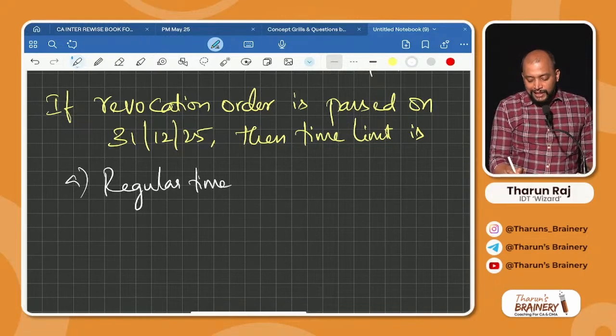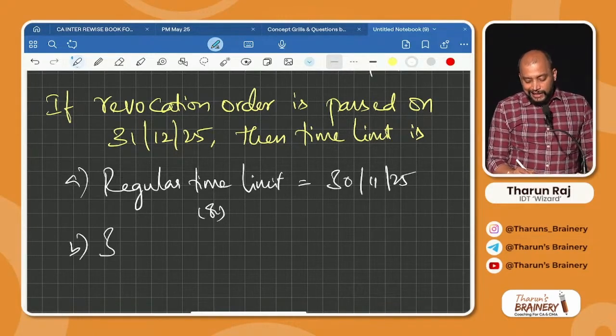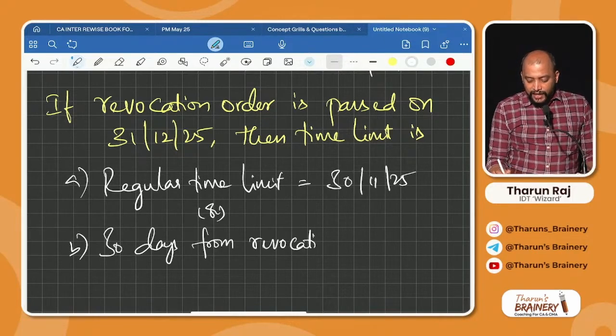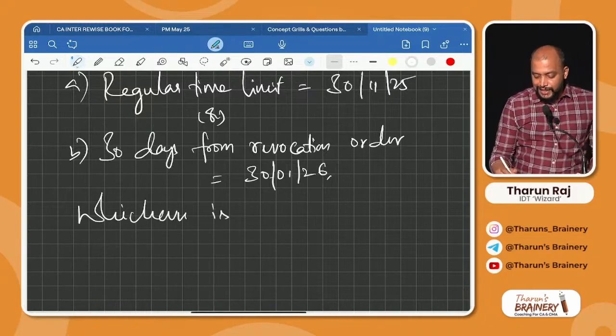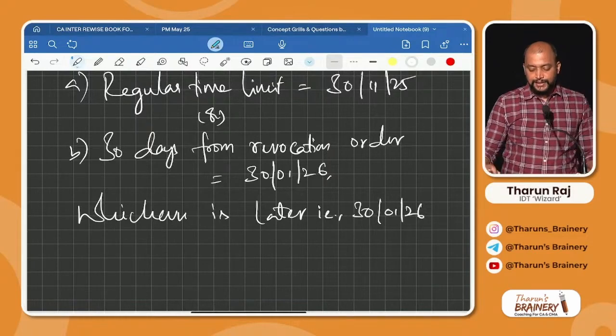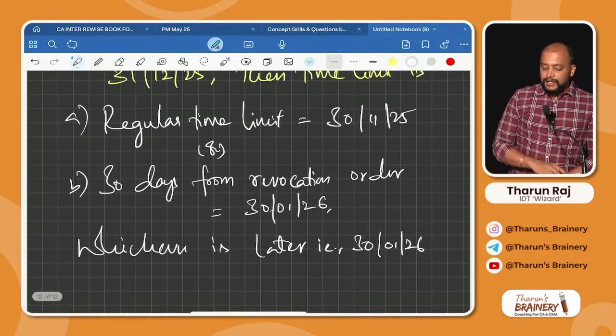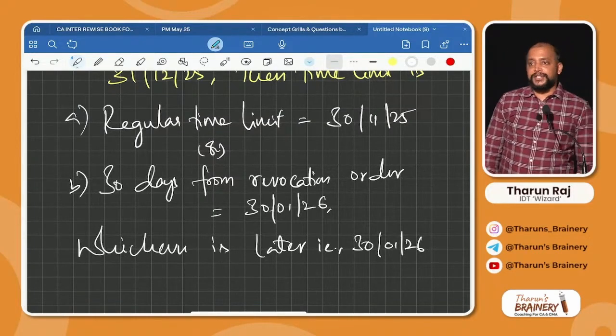What is the regular time limit? 30th November 2025, or B, 30 days from the revocation order, that is 30th January 2026, whichever is later, which is later, that is 30th January 2026. Got the clarity? So a possibility in MCQ, they can ask this, or they can make a question also.